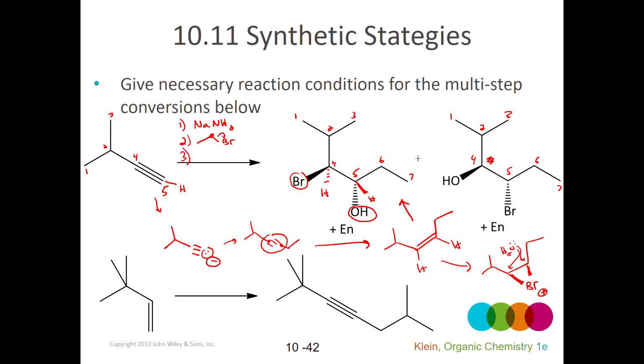Don't know which, which is why I'm getting two different regiochemical outcomes. But whichever one it attacked, it has to come in from the back side to push the bromine out the front, which is why if the bromine has a solid wedge, the OH has a dashed wedge. If the bromine started off coming in from behind with dash wedges, then the water would have to come in from the front. So the OH would end up with a solid wedge, and the bromine would have a dash wedge, which is what I have over here.